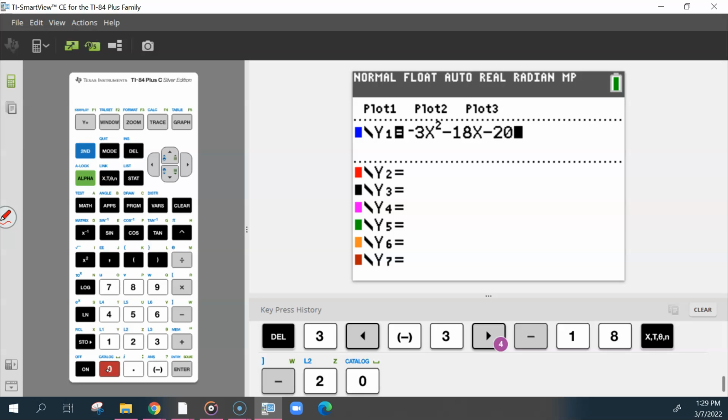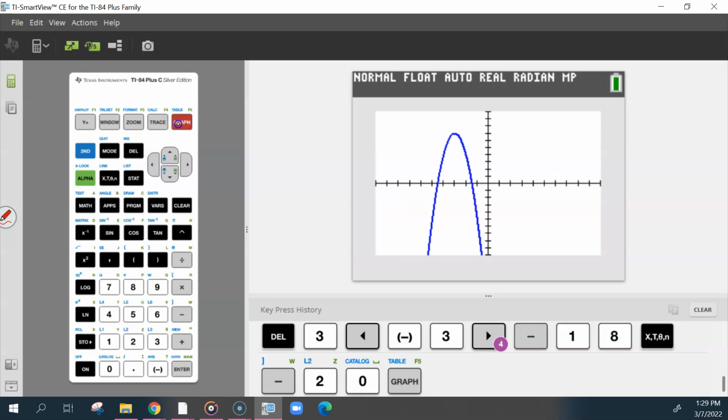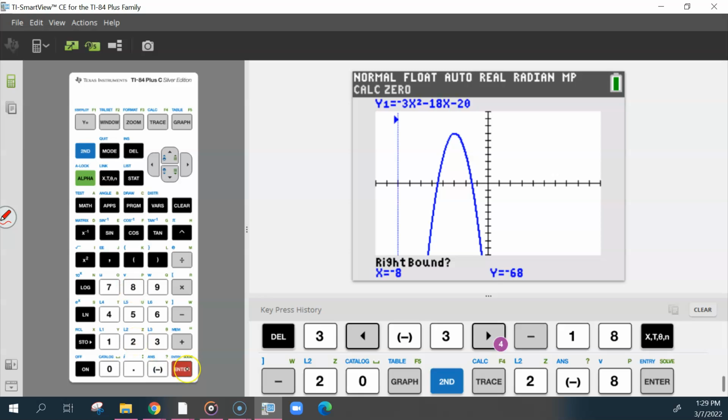Graph it just to make sure, but these are not directly on grid lines. So let's find the 0, second trace, 2, some number left of this, let's say negative 8. Some number right of this would have to fall in here, so I could say negative 3.